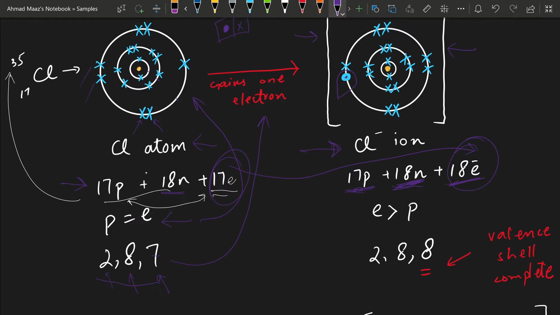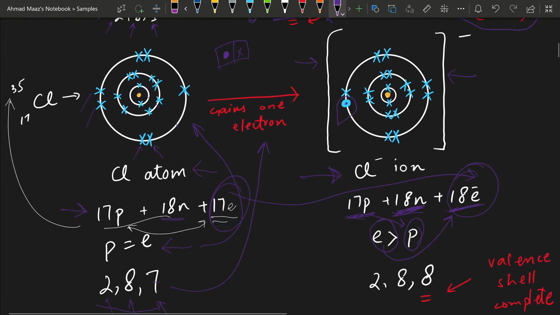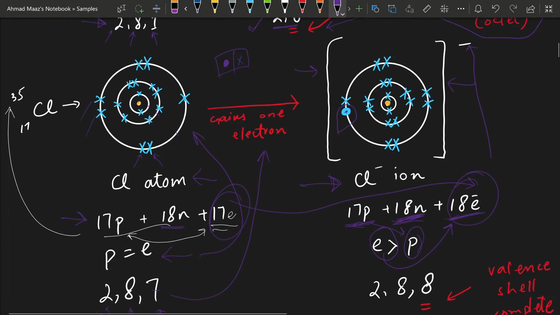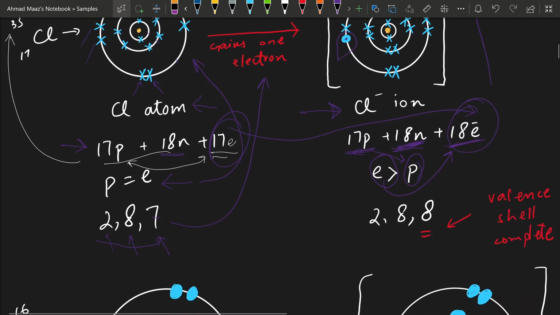Now the number of electrons is more than the number of protons. Number of protons is only 17, number of electrons is now 18. There is one more electron which results in this additional negative charge. Because electrons are now more, there is one more electron, which means one negative charge.